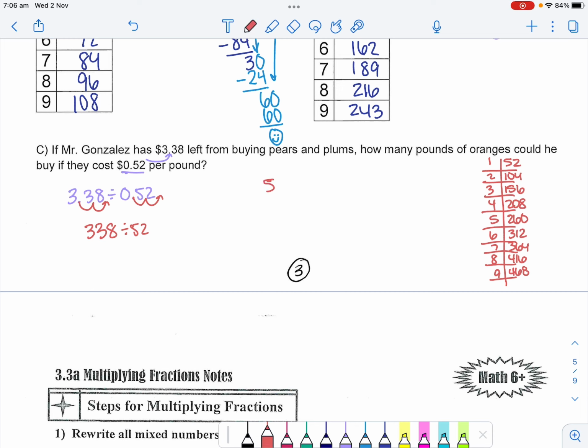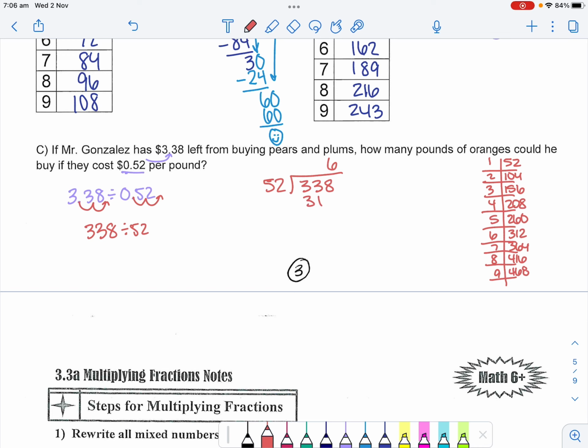So now I'm going to do 52 into 338. We're back to dividing with multi-digit whole numbers because the decimal moved the same number of times and both the decimals move out of the number. So 52 does not go into 3. It doesn't go into 33. It does go into 338 6 times.